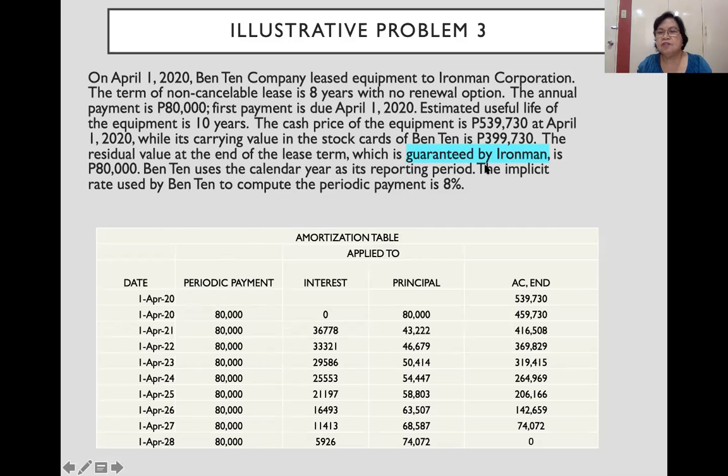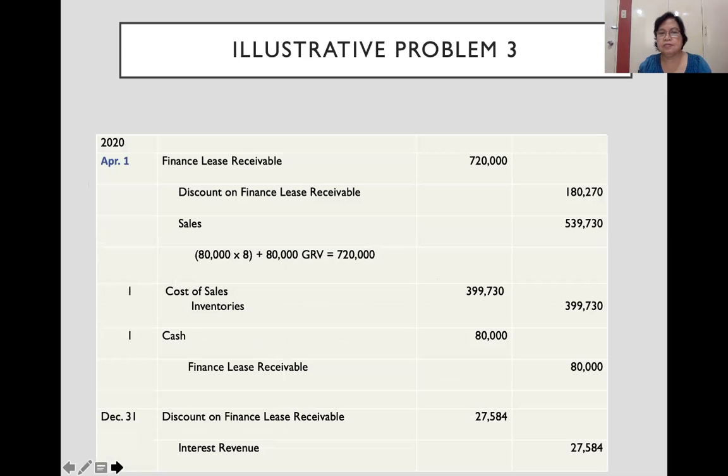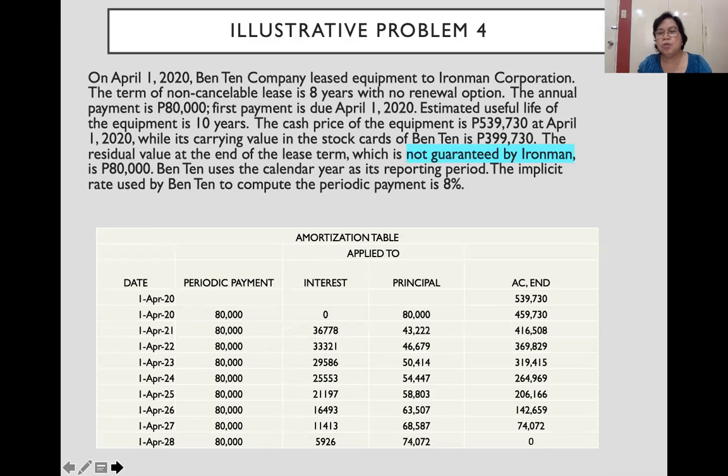Therefore, that residual value is included in the computation of sales. In illustrative problem 4, the residual value is not guaranteed by Ironman. So, in effect, this 80,000 is unguaranteed residual value.